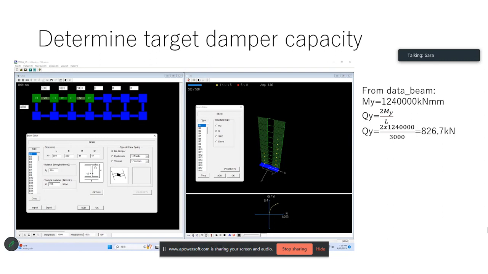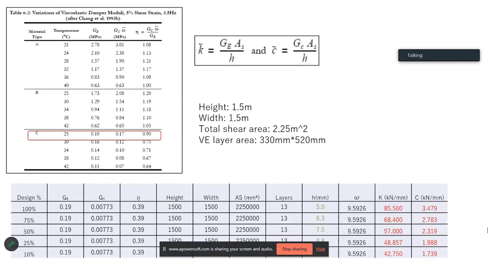This is the max capacity. I choose this material type. I got the C, and the shear storage modulus is 0.19. From this we find the shear loss modulus. The height is 1.5 meter and the width is 1.5 meter. From this we find the total shear area.